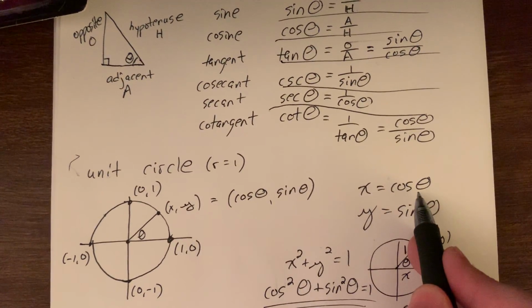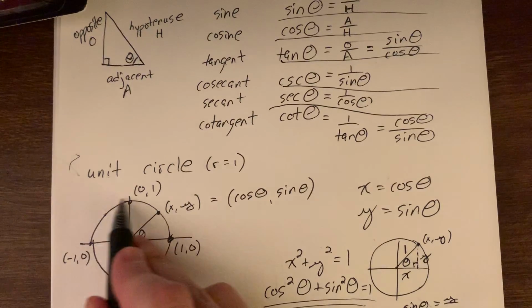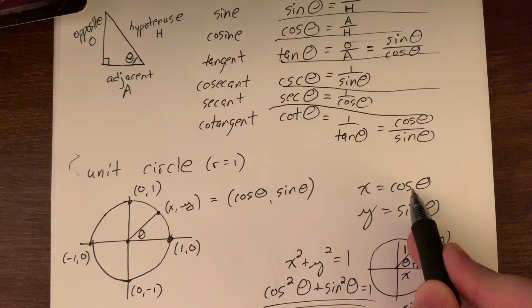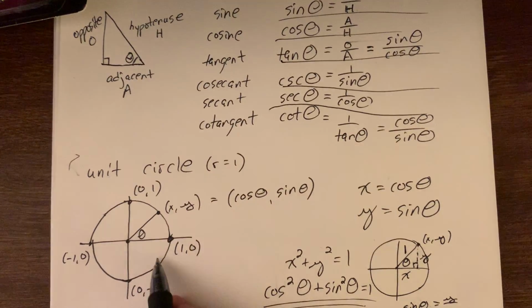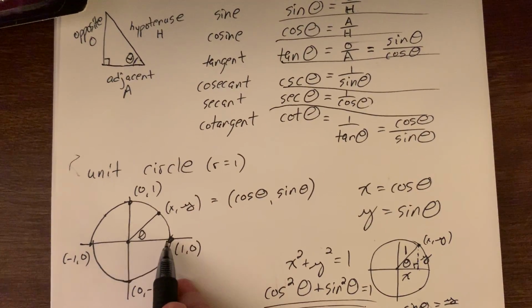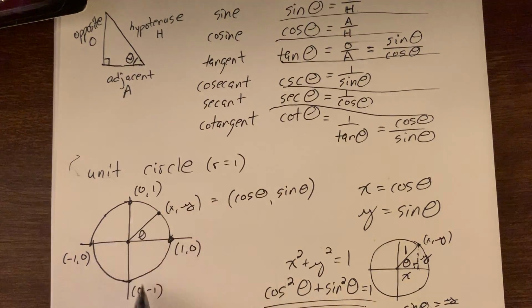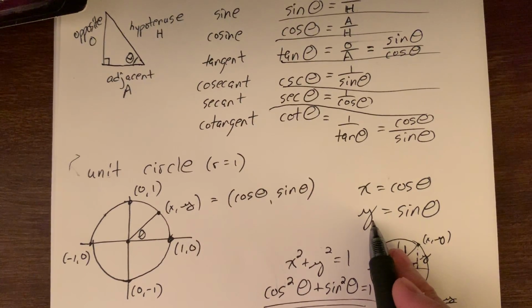So for me, this unit circle also serves that purpose. Well, if x is cosine, anytime you're over here in quadrants 2 or 3, the x's over here would all be negative, therefore cosine is negative. And anytime I'm over here in the first or fourth quadrant, the x's would all be positive. They're all going to the right from the origin, so cosine would be positive in these two quadrants. Similar for sine, except now I'm going to focus on y.